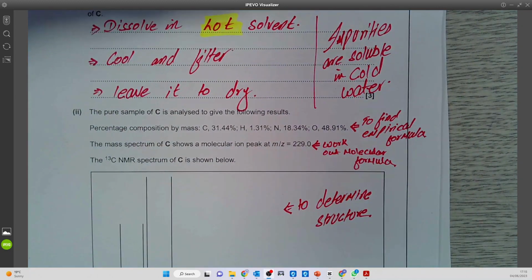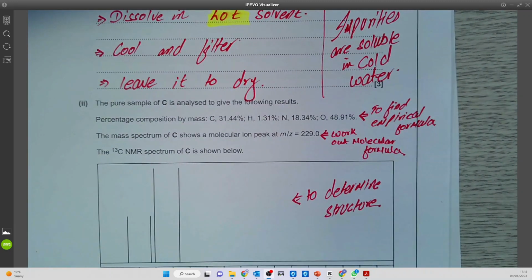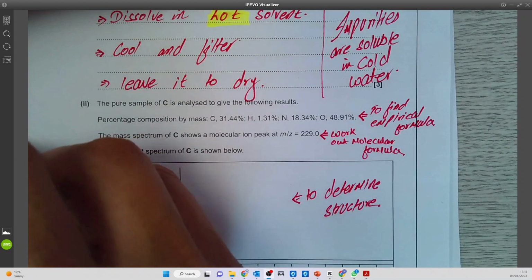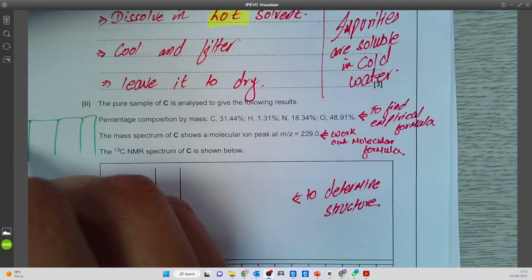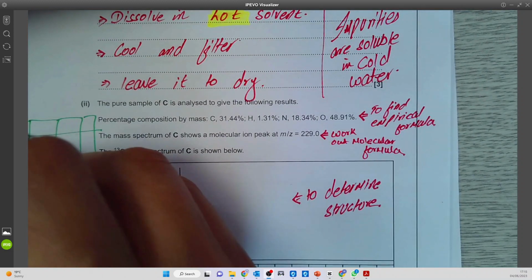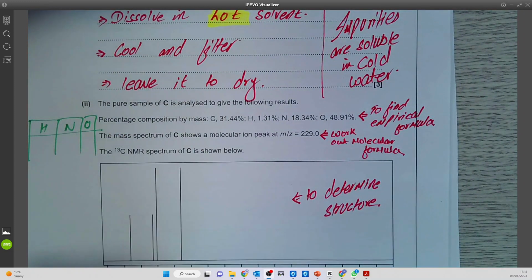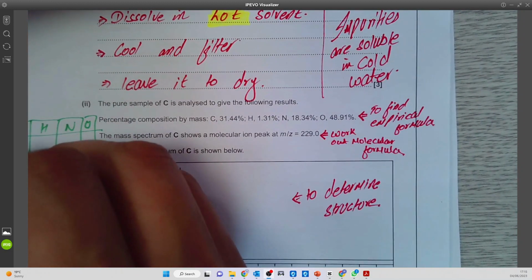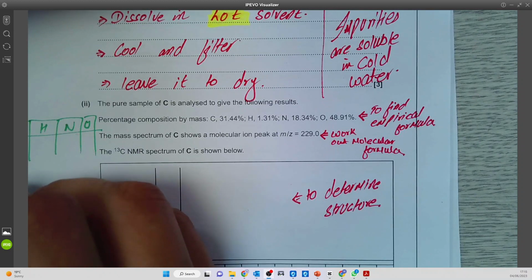So if I work out the empirical formula, I'm not going to go into the details of that. You know how to work it out. You can make a table and you will have to add 4 things in it. What are those 4 things? Carbon, hydrogen, nitrogen, and oxygen. You'll work out the mass, you will then find the moles, then you'll find the simplest ratio.